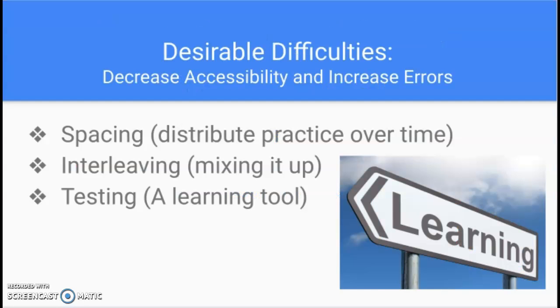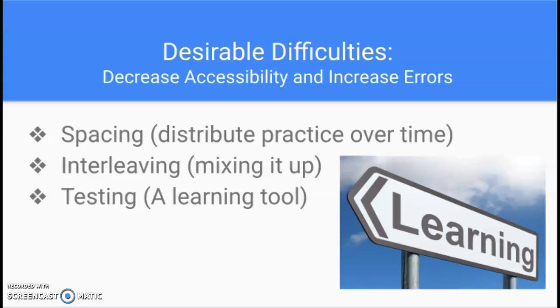So how does a teacher or educator create an environment for lasting learning? There are three key areas to create what the authors call desirable difficulties. It's a way to decrease accessibility and therefore increase learning. And what goes with that is also increased errors.